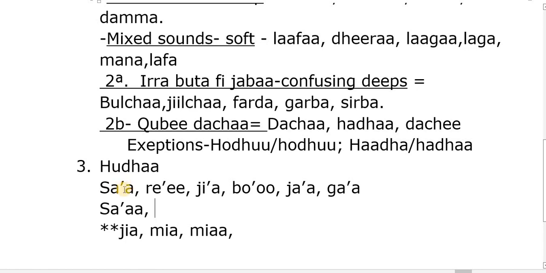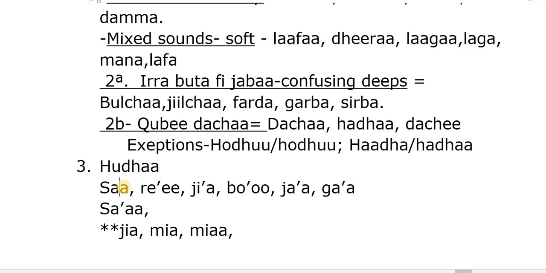There are words which have clearly heard vowels like sa'a, re'e, ji'a, bo'o, ja'a, ga'a, and so on. When these are heard, we have to indicate they are there. If we don't have apostrophe or any indication there, this word can't be read like sa'a, because this is not sa'a.